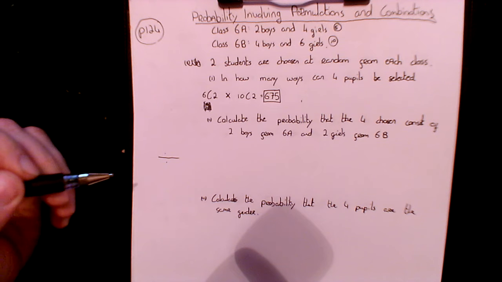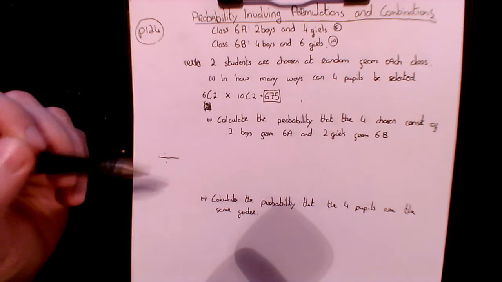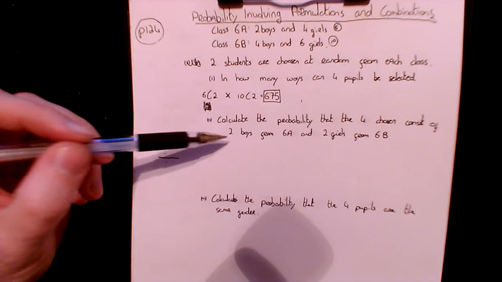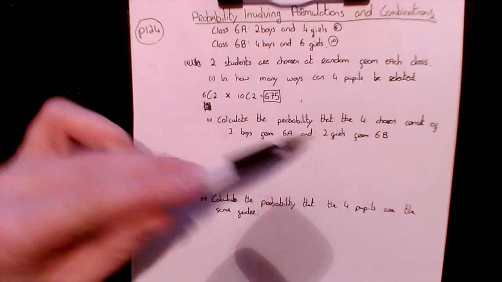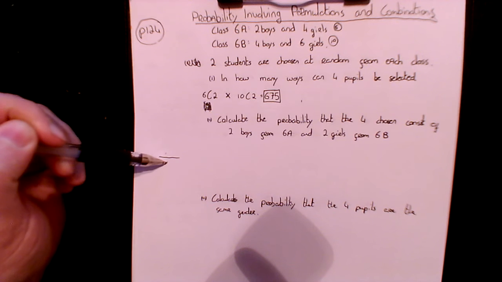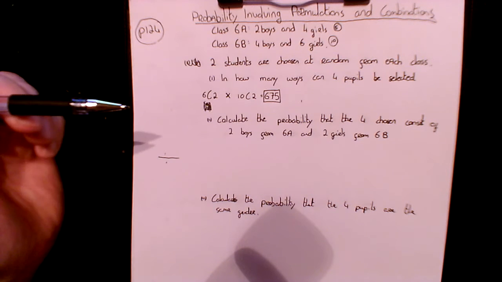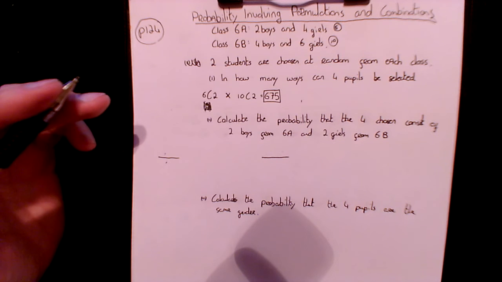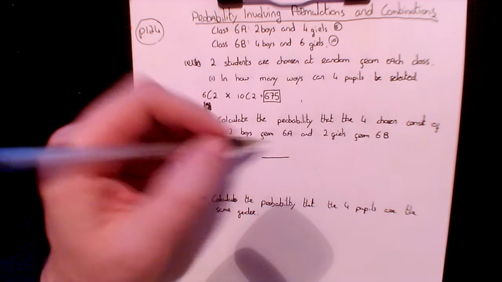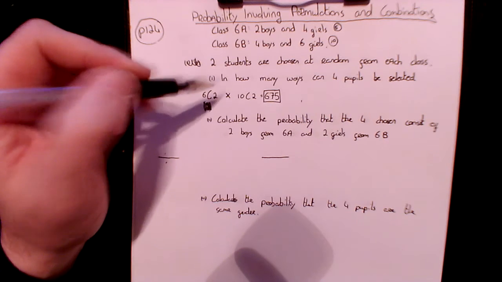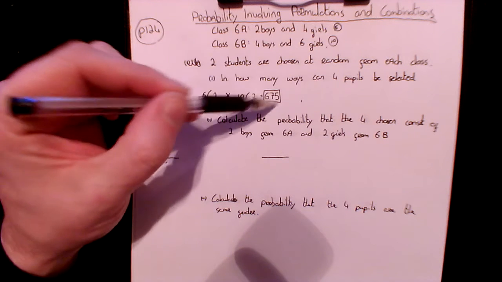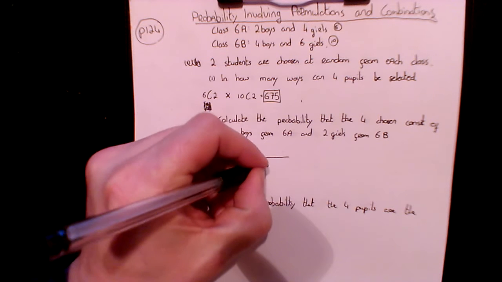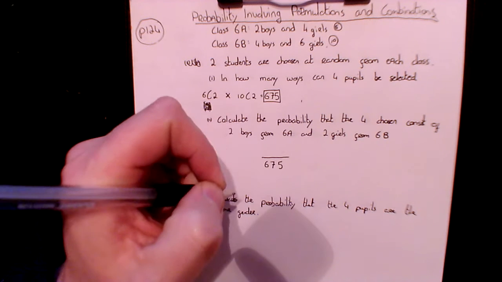So the way I'm going to look at this is, how many different ways can I get 2 boys from 6A and 2 girls from 6B, over the total number of ways I can choose 2 students from A and 2 students from B. First of all, the total number of ways that I can choose 2 students from 6A and 2 students from 6B, I already have it here, correct? So it's 675.